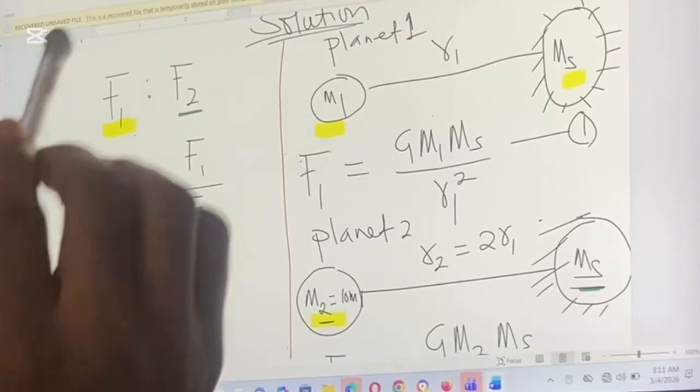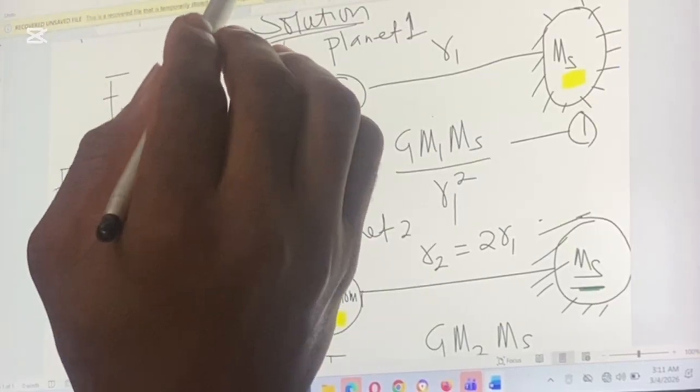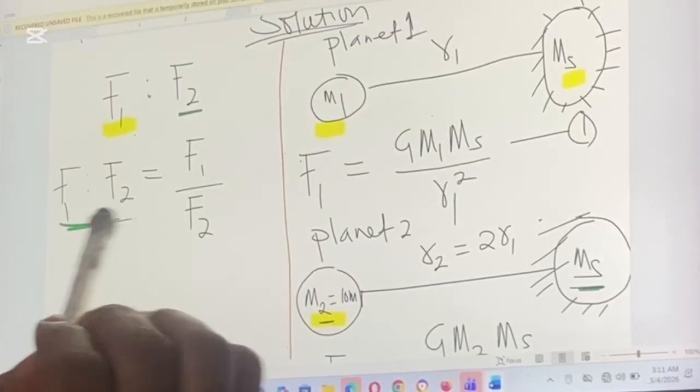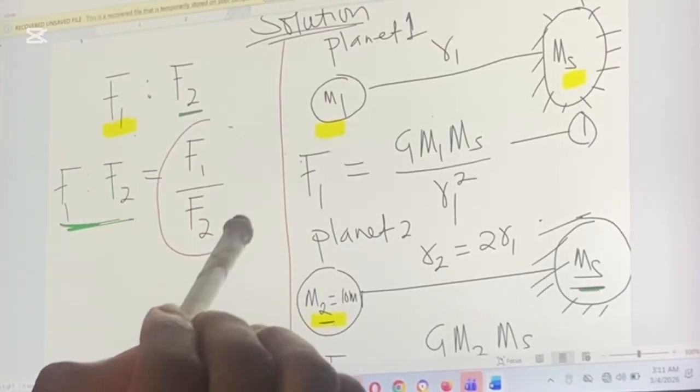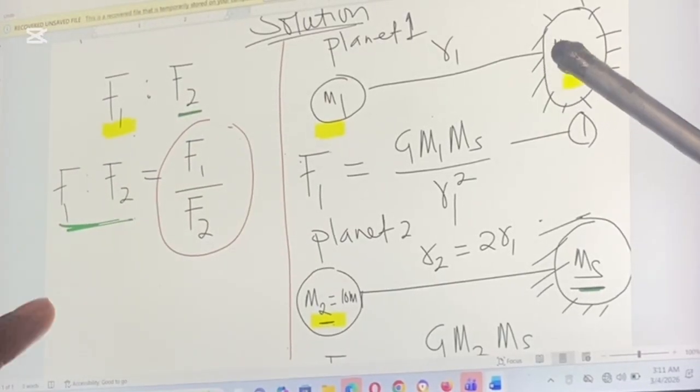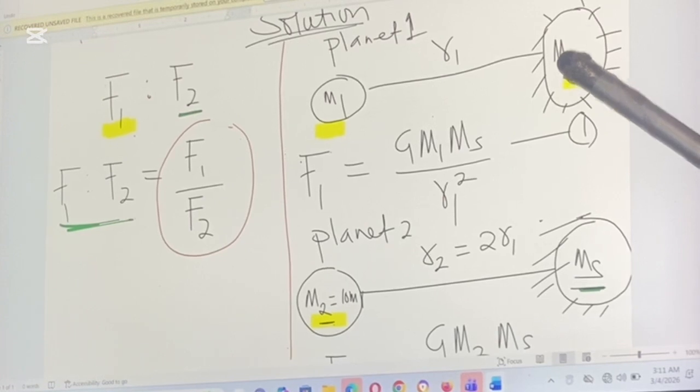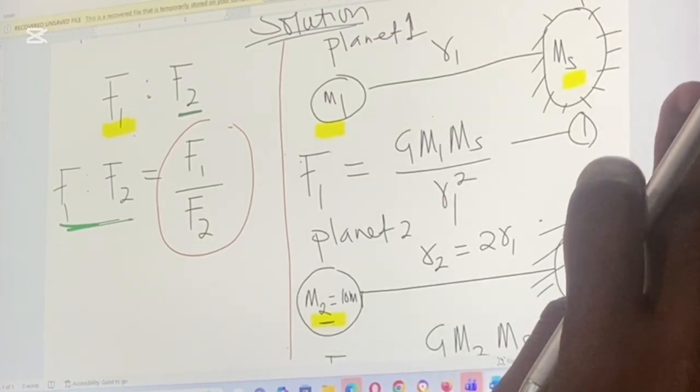Please remember, this guy here is the same as this here. So now let's replace F1 and also replace F2. When you do that, we have something like this.